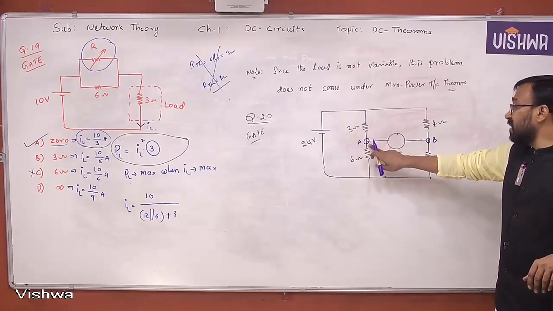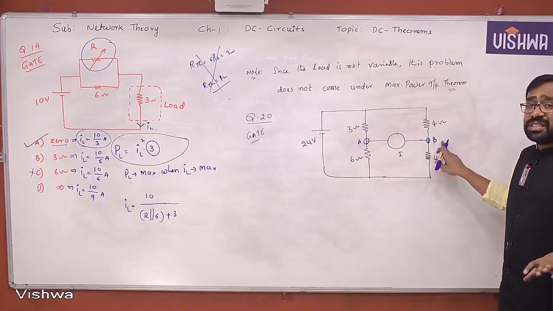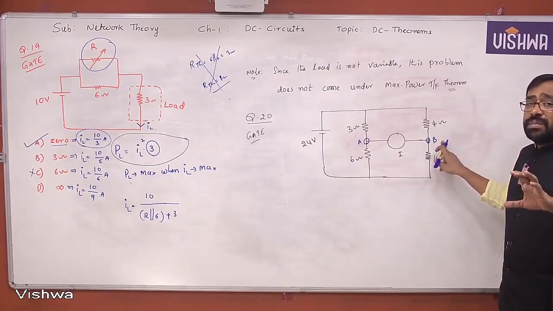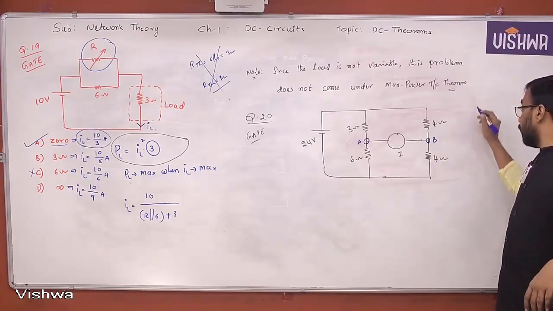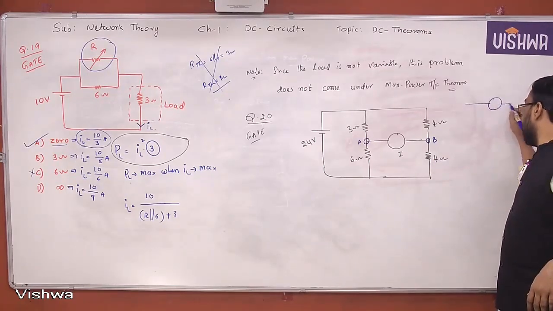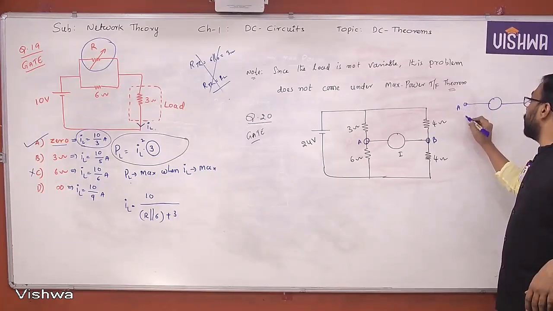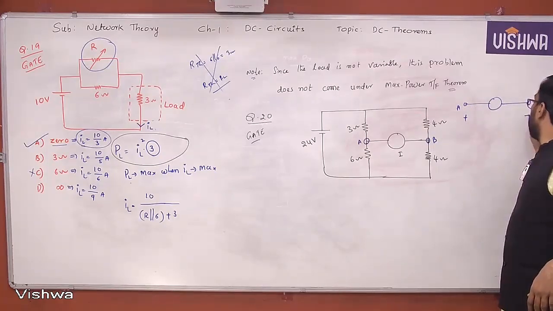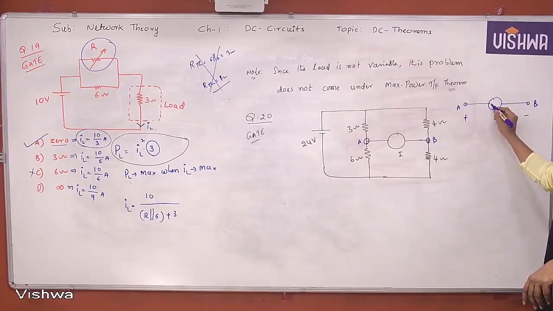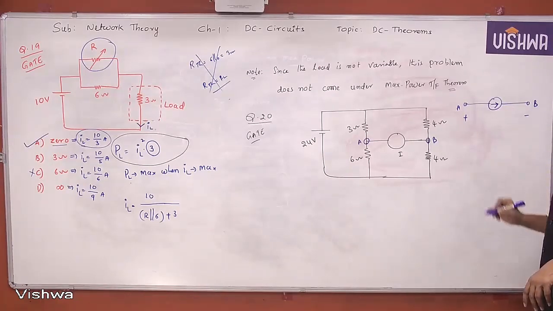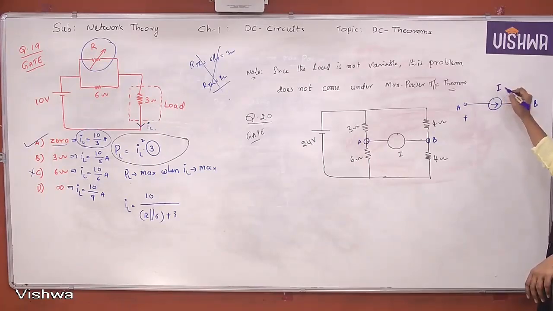In circuit analysis, usually in AB terminals, A is assumed to be at higher potential with respect to B. So if A is at higher potential, that is plus, and B is at lower potential, that is minus, definitely to absorb the power the current direction must be like this only. So I found the direction.